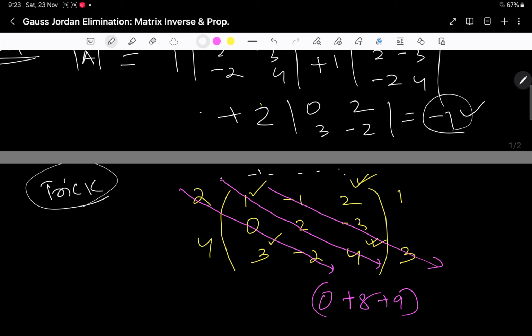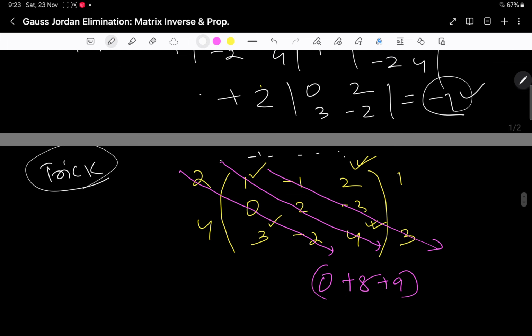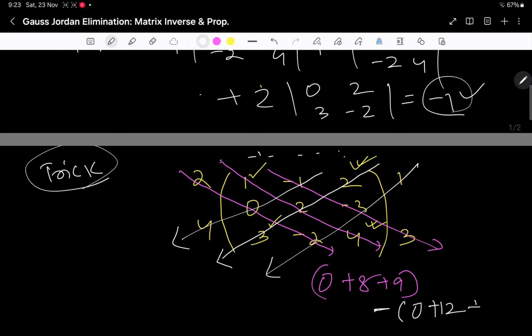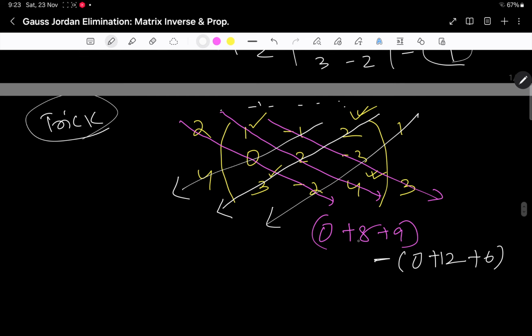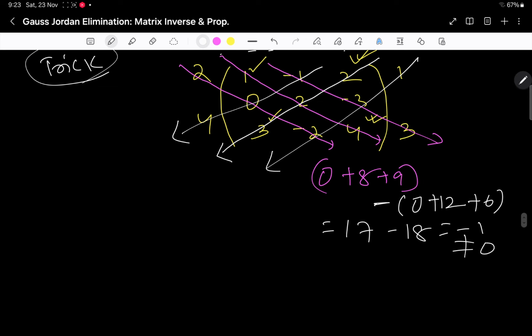Then come to this side and put a negative sign: you multiply this, it is 0, you multiply this, 4 into 3 is 12, then you multiply this 6. It is 17 minus 18, which is minus 1, not equal to 0. This is actually just a confirmation test, so this implies A inverse exists.